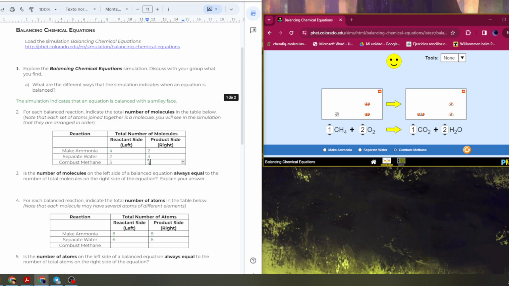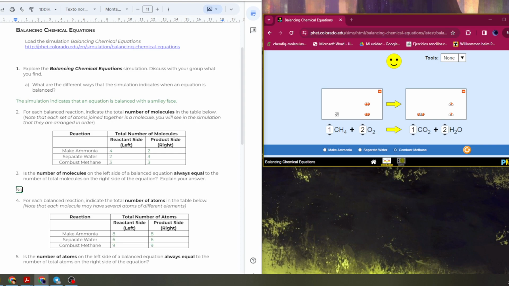They can be the same number of molecules, but they don't need to be. And how many atoms? 5, 7, 9, and here 3, and 3, 6, and 3, 9. So, the same number of atoms. Always the same number of atoms. So, is the number of molecules on the left side of a balanced equation always equal to the total number of molecules on the right side?